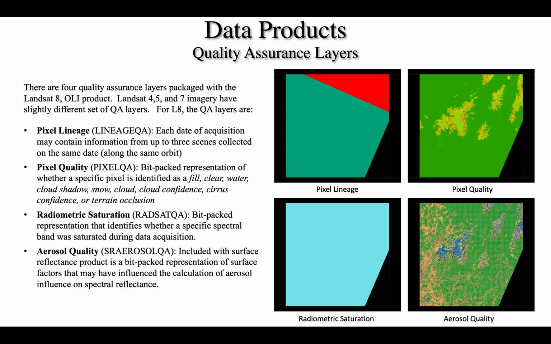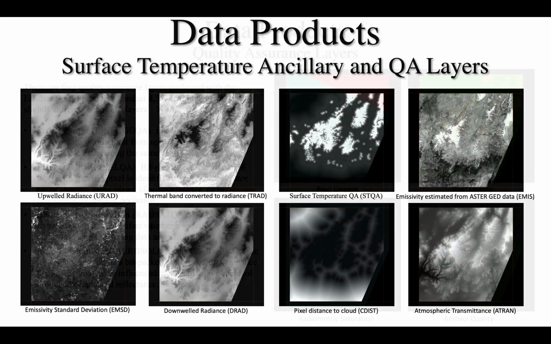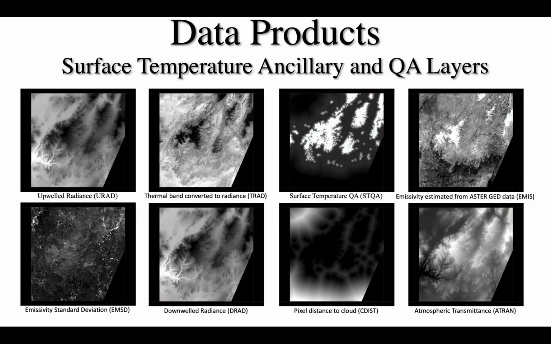The aerosol quality layer is included with the surface reflectance product and is also bit-packed, representing surface factors that may have influenced the calculation of aerosol influence on spectral reflectance. The thermal products come with a suite of ancillary data layers.